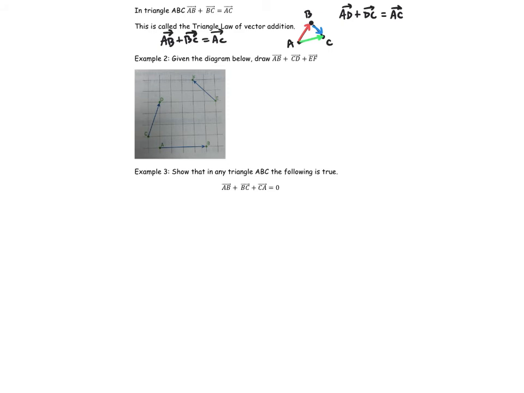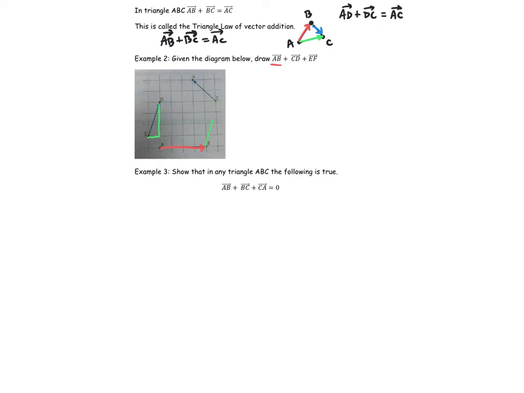Okay. Given the diagram below, draw AB plus CD plus EF. So really what I want to draw is A to F. Now these vectors are located in different locations here, and they don't end up tip to tail. So what I'm going to do is just translate them. I'm going to take AB, which is this vector here. It looks like it's got a magnitude of 4. I'm going to translate CD to where the tail of CD ends up at the tip of B. So it looks like CD goes right 1 and up 3.